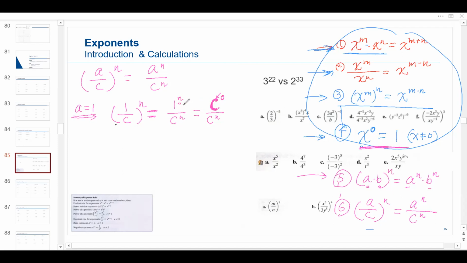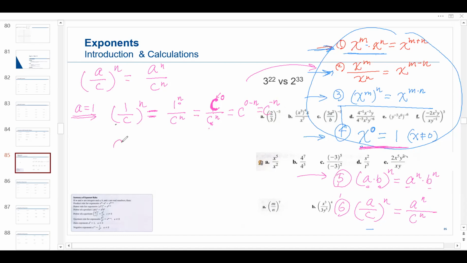This equals 1. So 1 actually equals the number itself to the power 0. So based on this rule, if the bases are the same, the exponents subtract: 0 minus n, so it equals negative n, right?